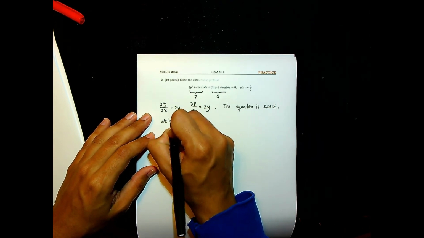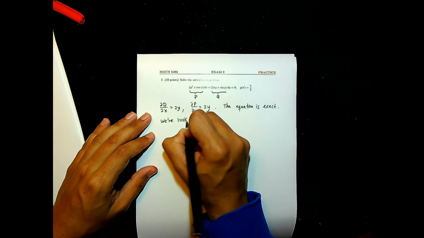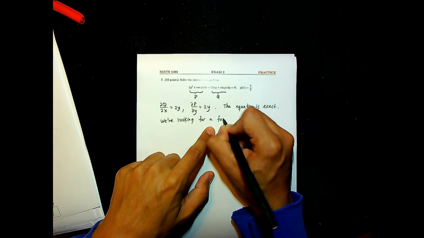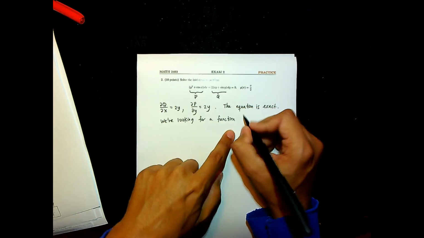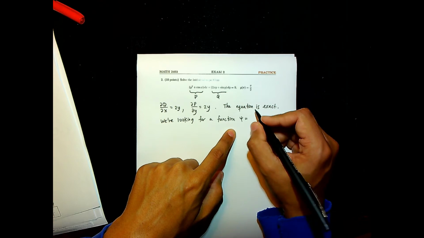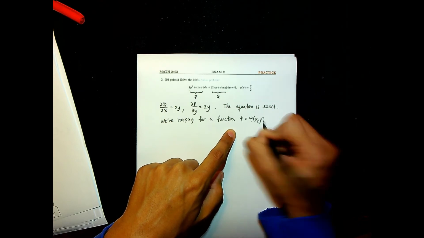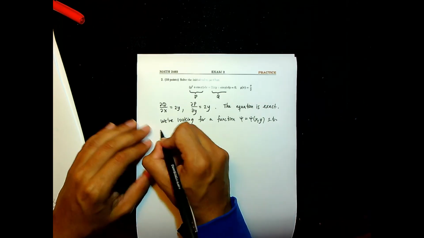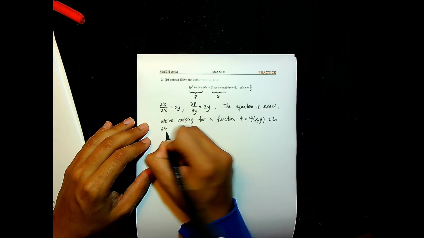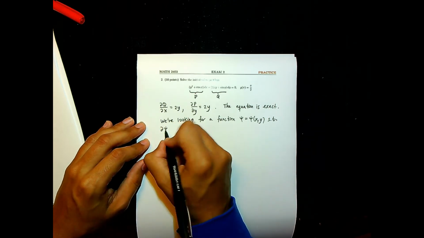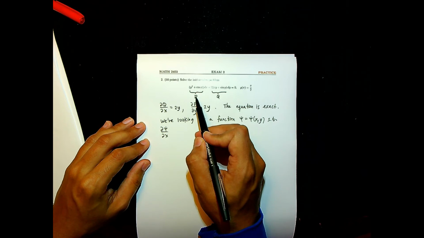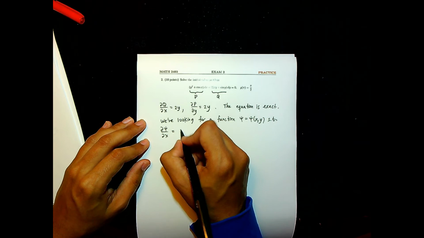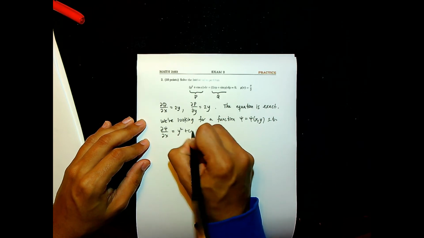We are looking for a function psi of two variables, such that when we compute the partial derivative of psi with respect to x, we get P. So the partial derivative of psi with respect to x is P, which is y squared plus cosine of x.